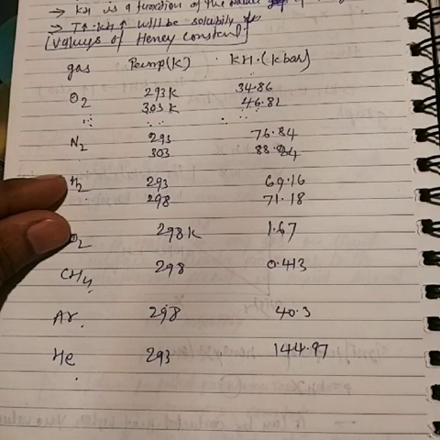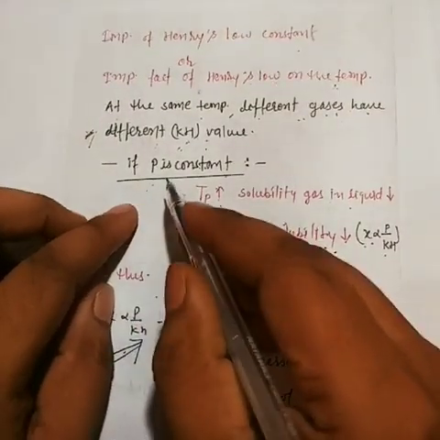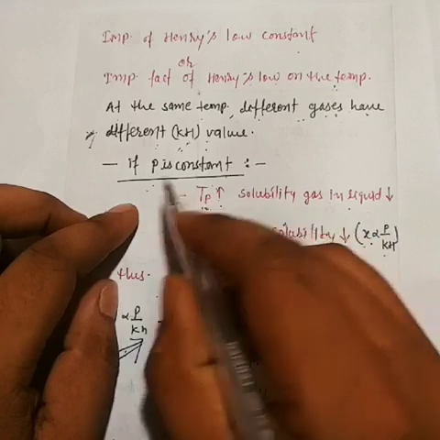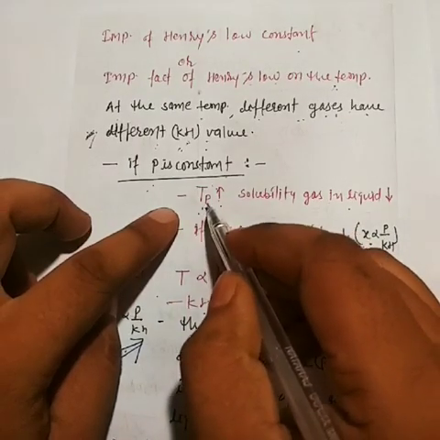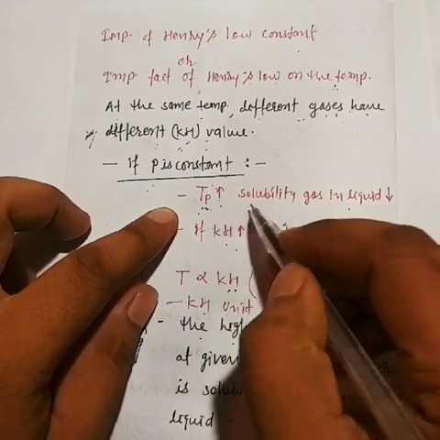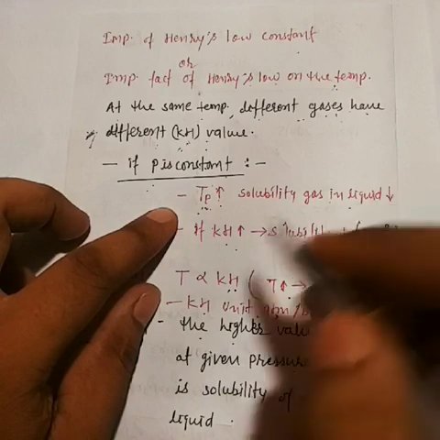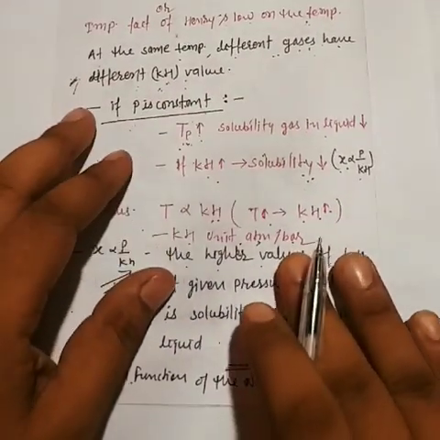So first of all, see, if pressure is constant, that means at constant pressure, we raise the temperature. Now the solubility of gas in liquid will decrease. Yes, I already taught you this.